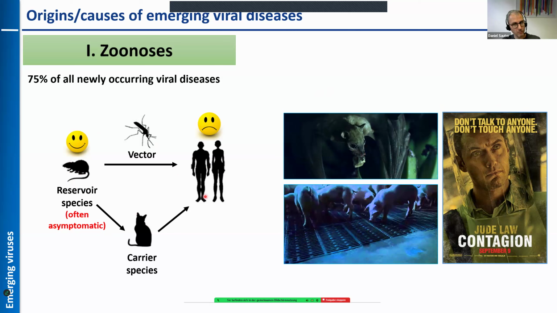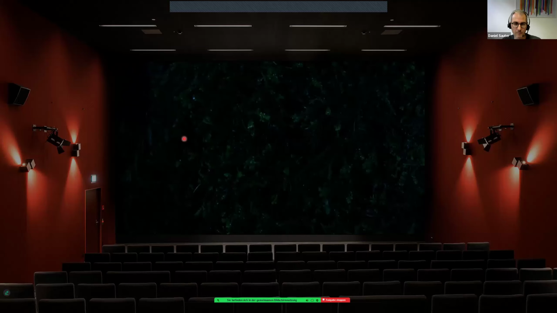That's of course a science fiction movie, but a lot of the scientific details in this movie are correct. And in this example, they show a bat virus in the movie that is transmitted to humans via pigs. So bats will be the natural reservoir and pigs are the carrier species. And we'll just have a look at this scene of the movie that illustrates this very nicely.